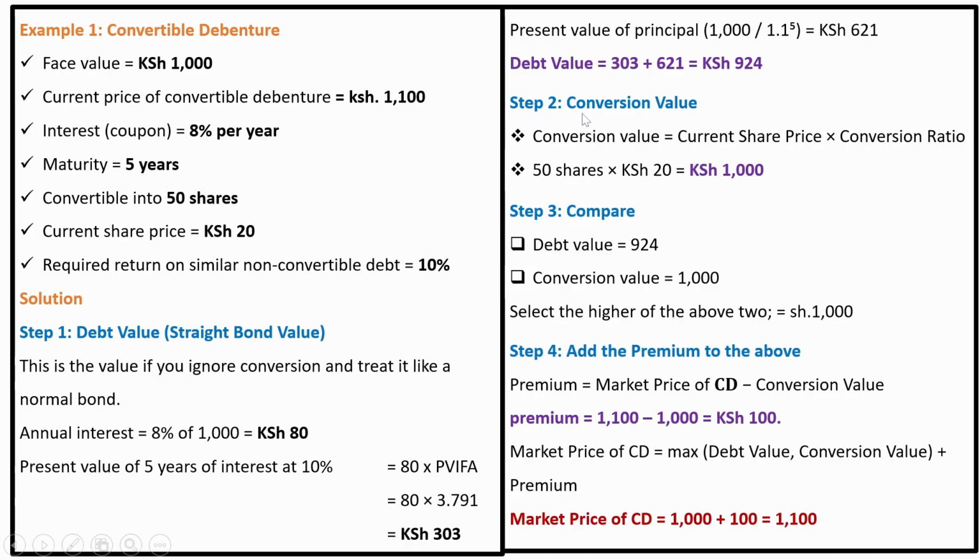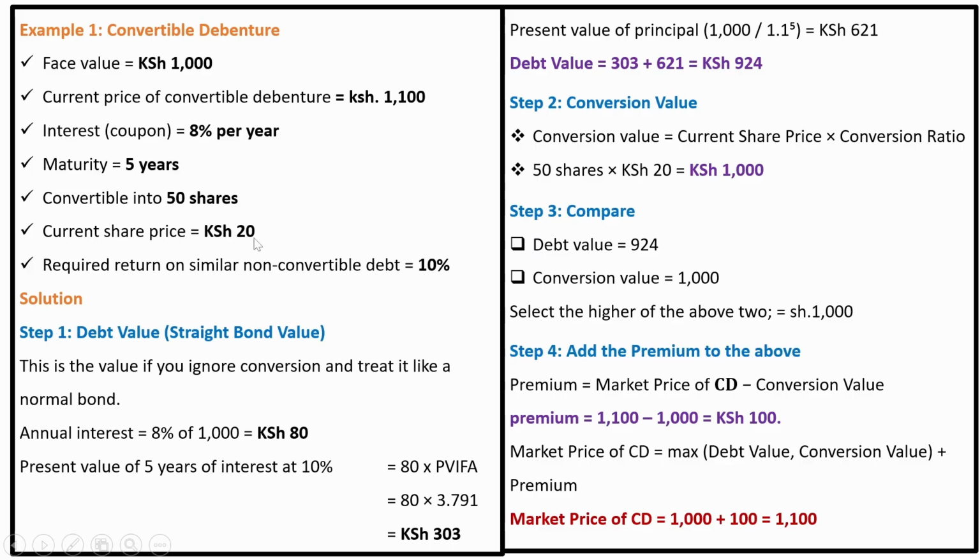In step 2, we want to see the conversion value. So recall the formula for conversion value. Conversion value is given by the current share price multiplied by conversion ratio. Because conversion is being done at the current time, we are using the current share price. So what is the current share price?